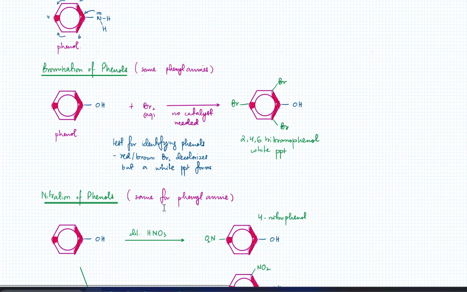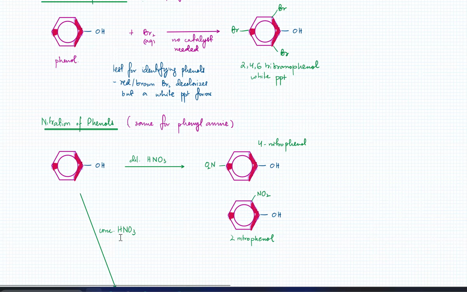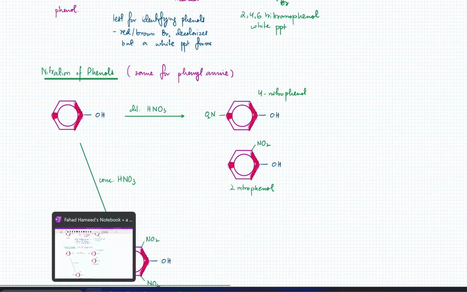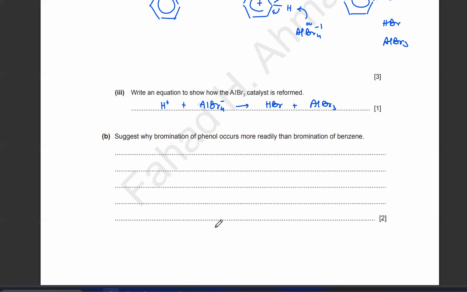You don't need a catalyst for bromination. And for nitration, you just need dilute nitric acid. That would be sufficient. Okay. So just 2 marks.